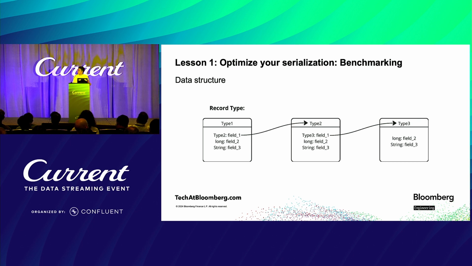It also has a reference to type 2, which is also a nested class that has some primitive types inside it, and also a reference to type 3. Type 3, on the other hand, is just a simple class that has a bunch of primitive types inside it. So together, this data structure is what we want to serialize and deserialize, and this is what's being passed from operator to operator.